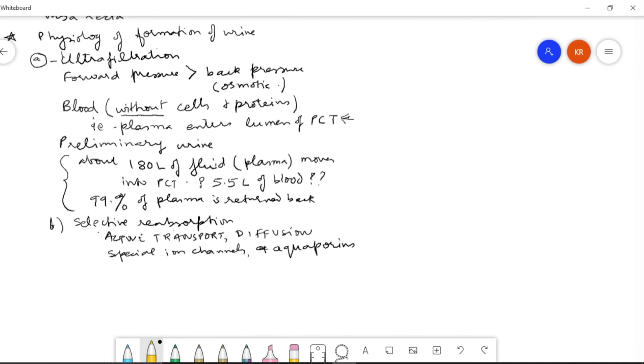By either active transport, diffusion, or special ion channels. That is why there are so many mitochondria, because active transport has to be used, and for many of these processes perhaps ATP is required. So this is the second step, selective reabsorption, very crucial and very important.